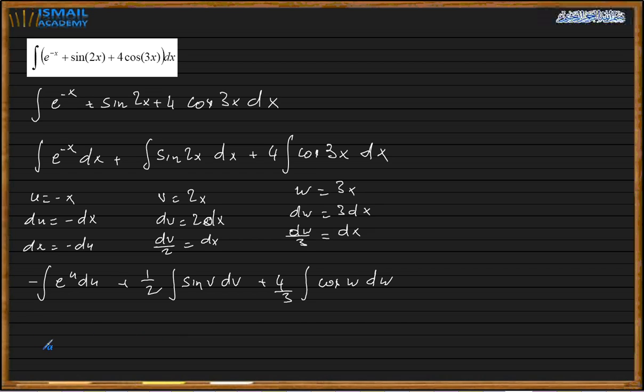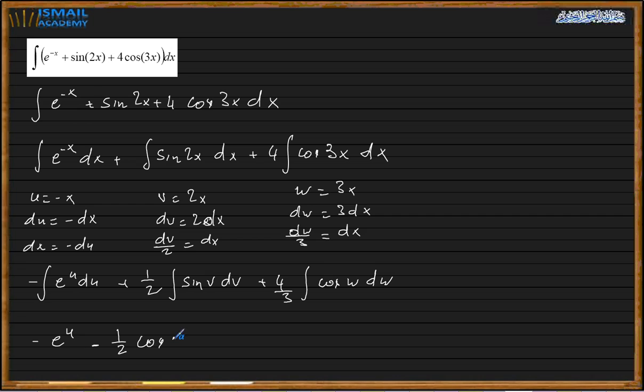Now you can simplify here, so it's the same thing as minus e to the u plus half minus, because the antiderivative of sine is negative cosine, so negative cosine of v.